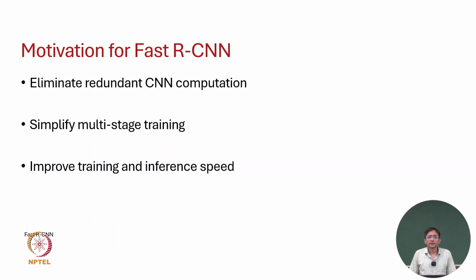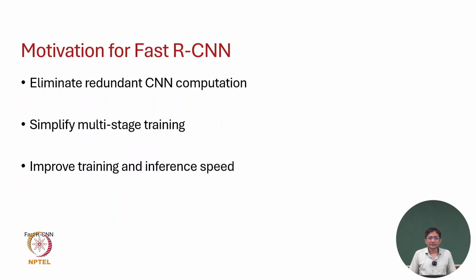We need to eliminate the redundant CNN computation. That is, if we were generating, let's say, 2000 proposals, we were passing each of these proposals through CNN independently.